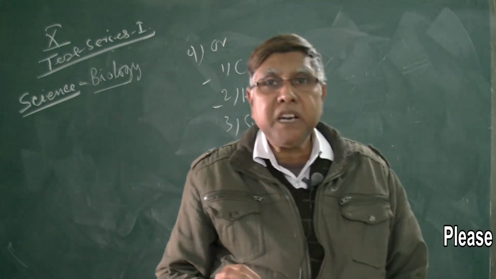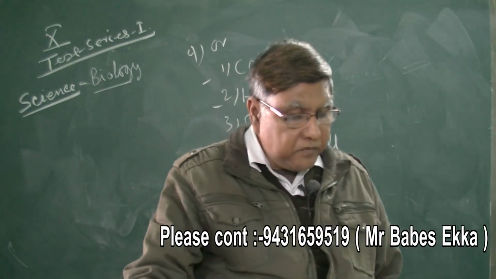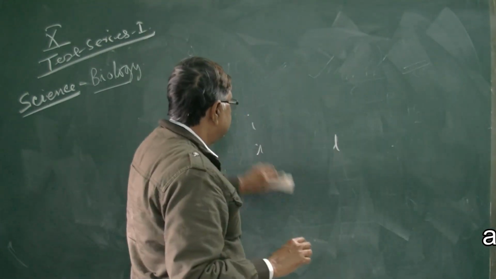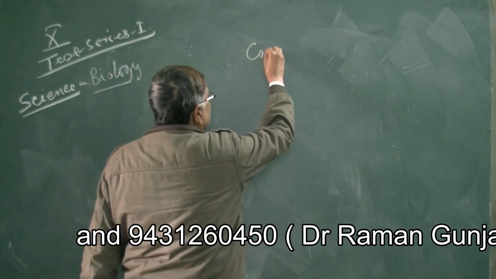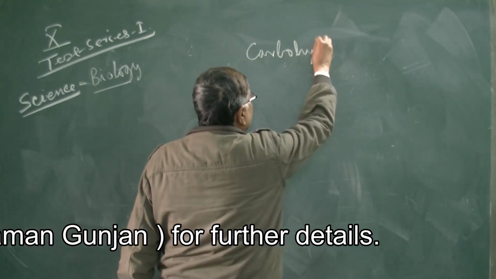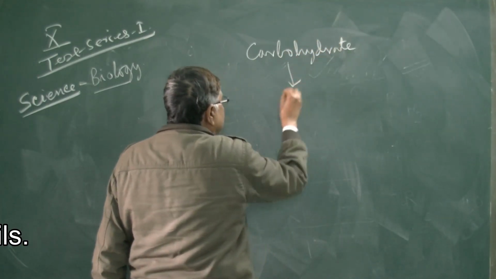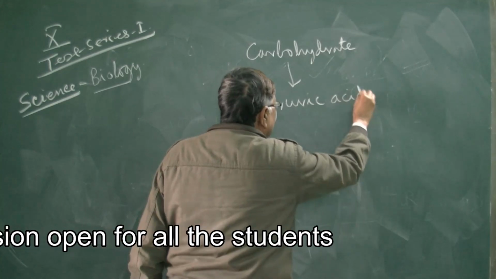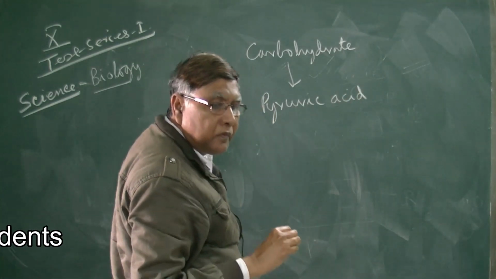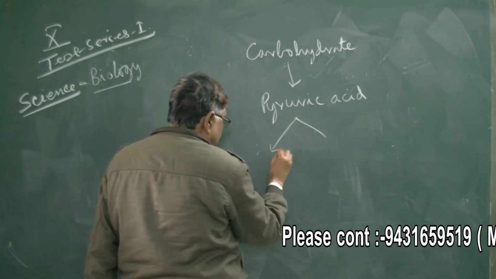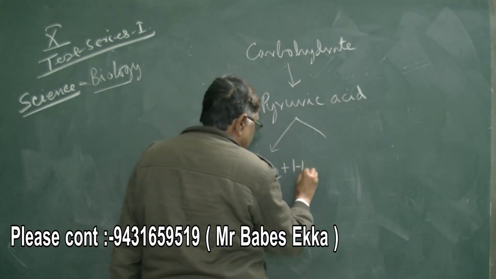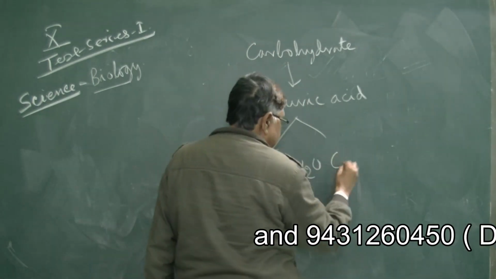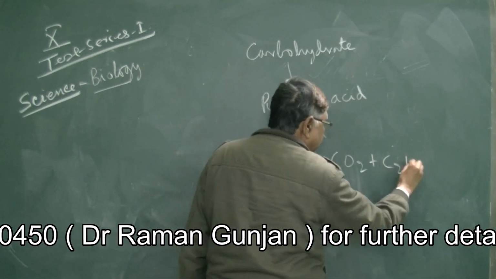Now come to question number 18. It is given there: carbohydrate, pyruvic acid, then CO2 plus H2O, and CO2 plus C2H5OH.